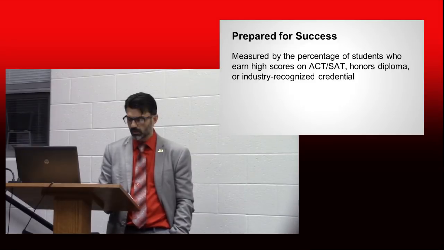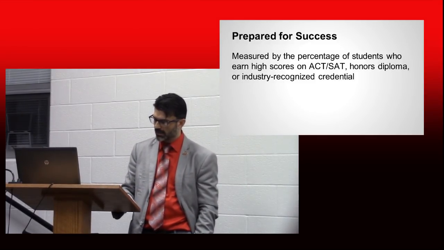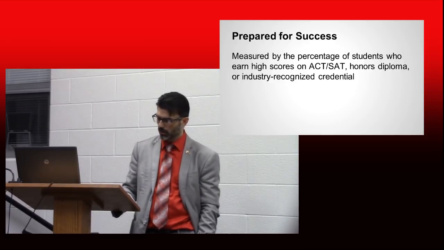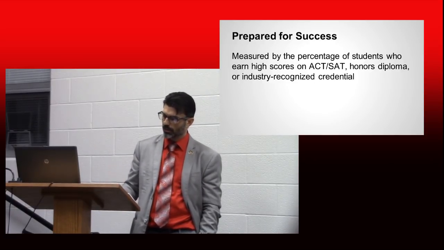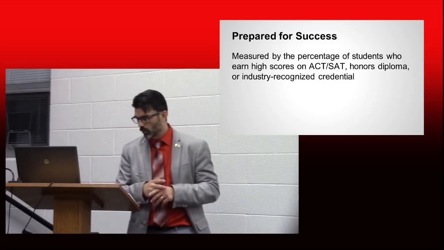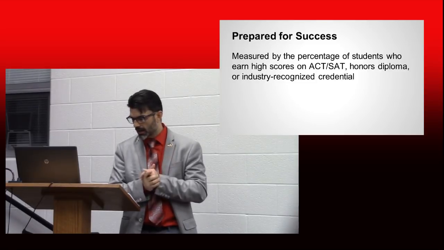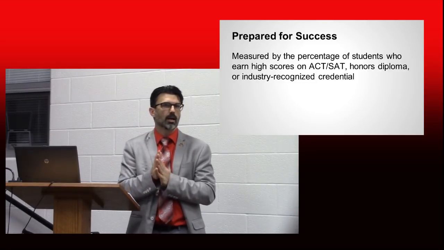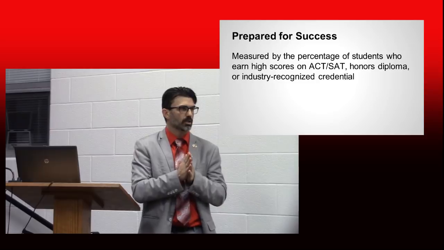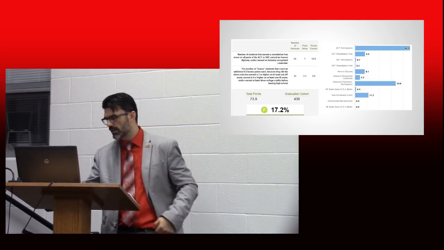So that amounts to 64 kids who scored remediation free on the ACT or earned an honors diploma, with an additional 33 kids who met bonus criteria, which would be achieving an AP score of 3 or higher, or earning college credits through our CCP program. So that's where we are at 17.2%.